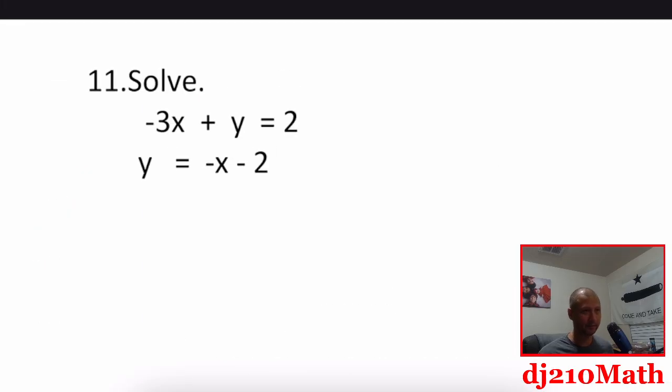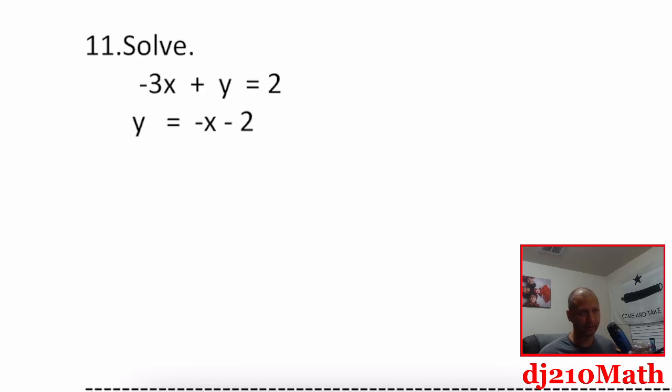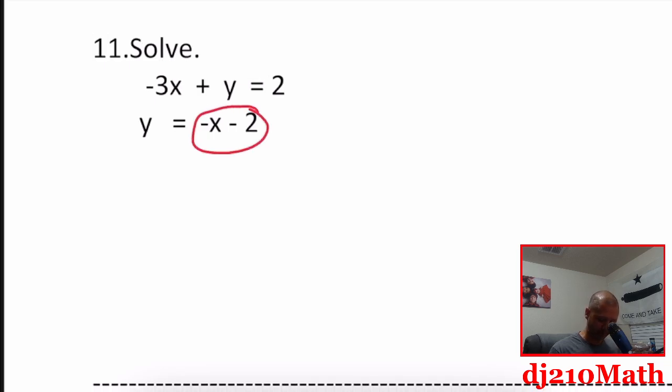Right. Number 11. Again, the y is isolated. So this is going to be substitution method. And all of this gets plugged into the y. So negative 3x plus negative x minus 2, right? Plus negative is the same as minus. And this equals 2.